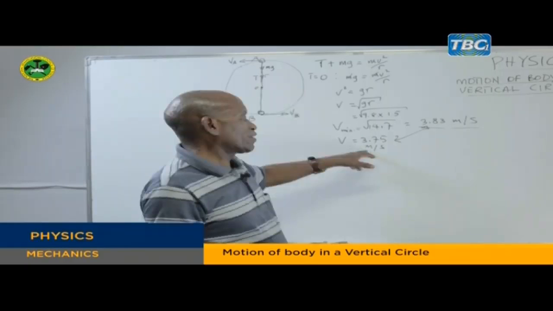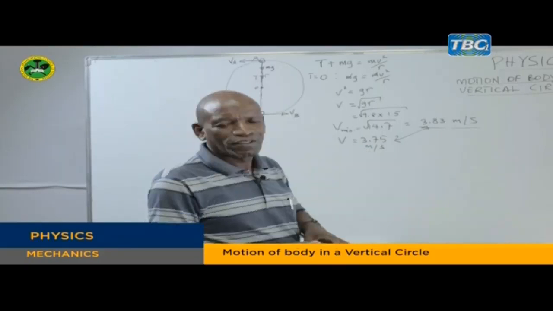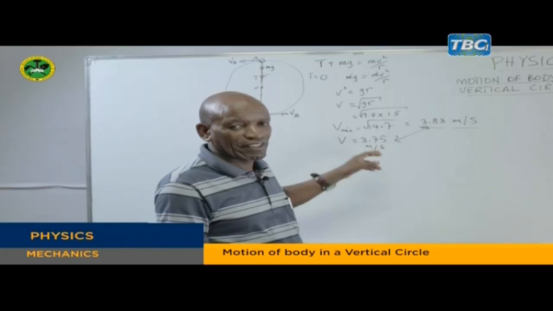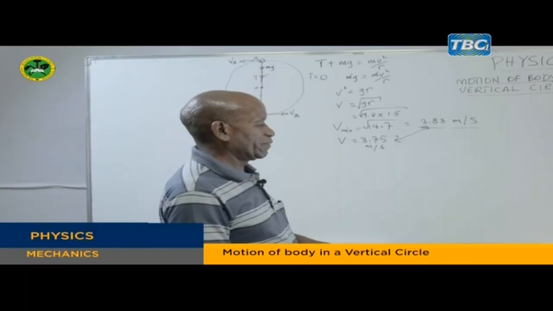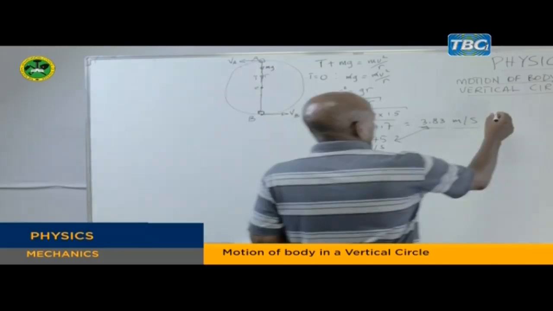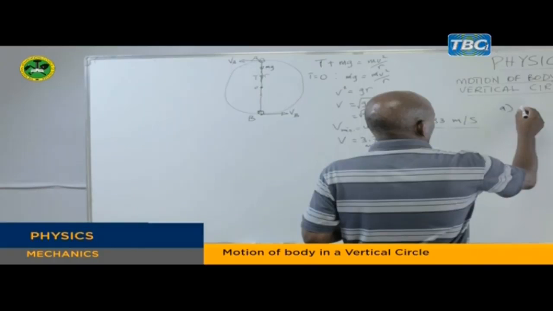This velocity is smaller than that one. So it is for sure that if a bucket is moving at the top with this velocity, the string will be slack. So for part A, the string will be slack.